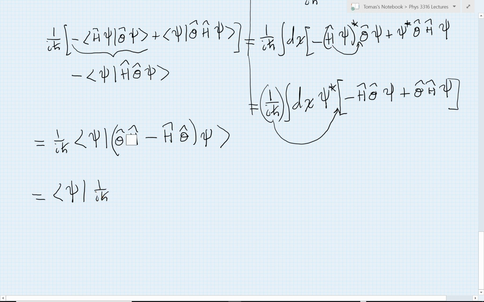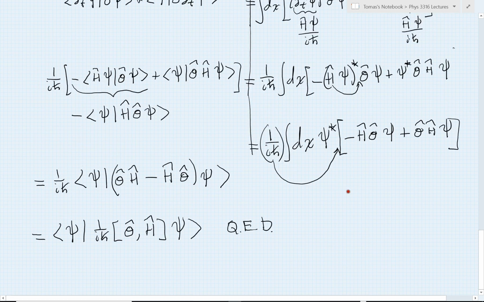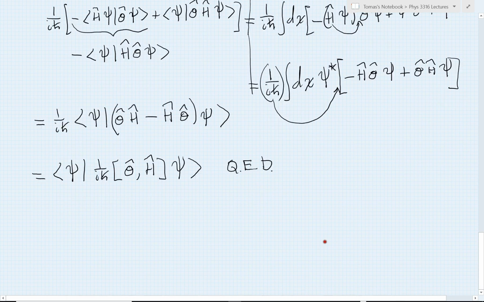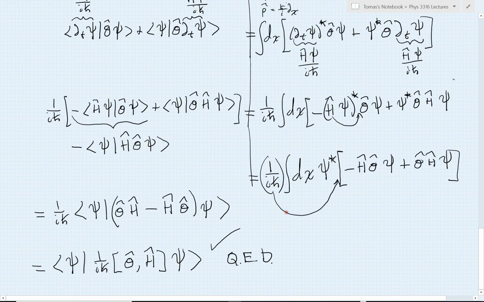And then this difference of operators applied in different orders is, of course, exactly the definition of my commutator. And that is precisely what we wanted to prove. That's exactly QED, quod erat demonstrandum. That is what we wanted to prove. This is exactly Ehrenfest theorem proved. So that is a very good, happy result.